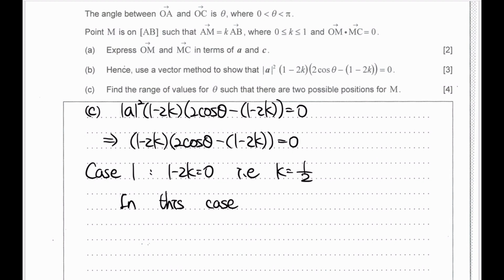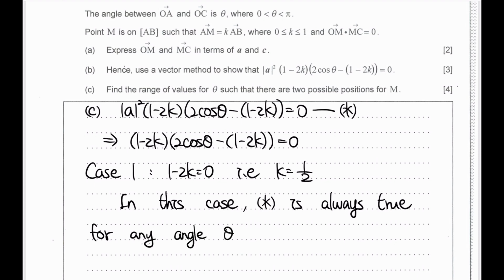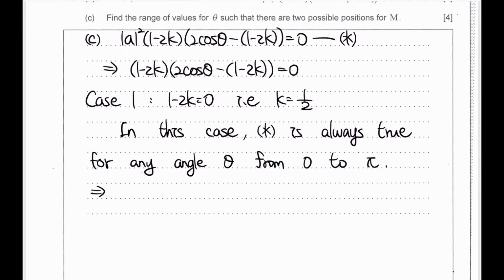Let's denote the equation in part B by star. In this case, the equation star will always be true for any theta from 0 to pi. So theta, in this case, could be any angle from 0 to pi.